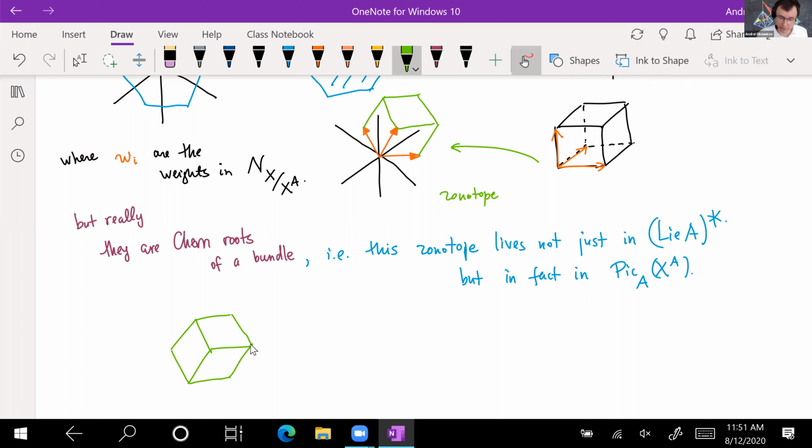Then if we pick a particular chamber, maybe this chamber here, what are the largest and the smallest weights that appear? The largest weight that appears is, you take the top exterior power of the attracting part.